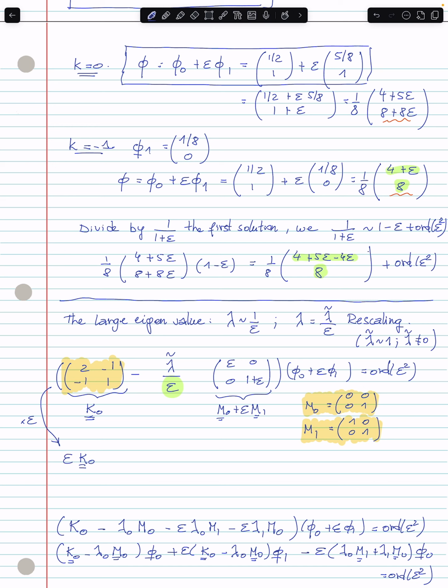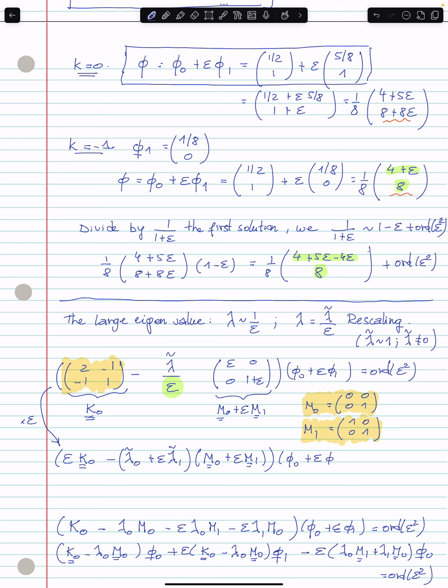All right, so this is epsilon times k0 minus lambda tilde, which I'm going to expand as a regular expansion for the rescaled version of the eigenvalue, times m0 plus epsilon m1, and all of this multiplied by phi 0 plus epsilon phi 1.